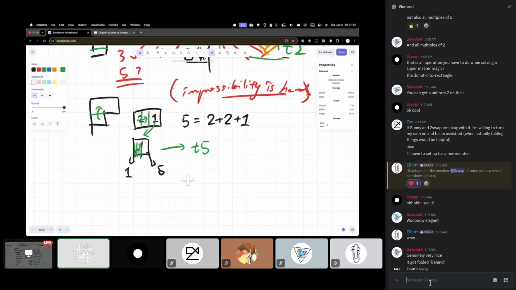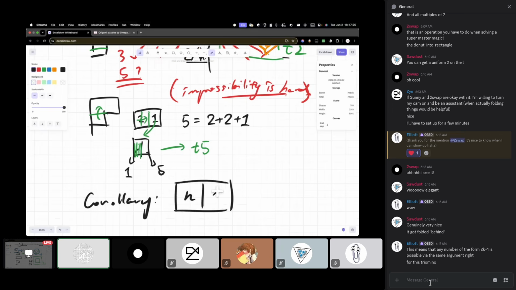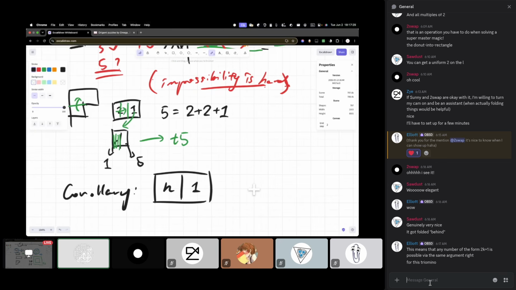Okay. There is a similar, related result, or corollary. If I have a scenario where I have an n and then 1, let me think about how I want to portray it.